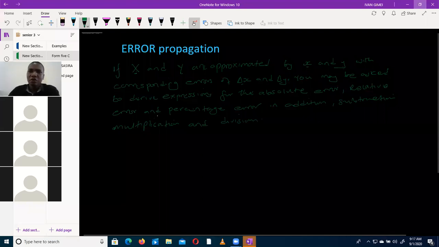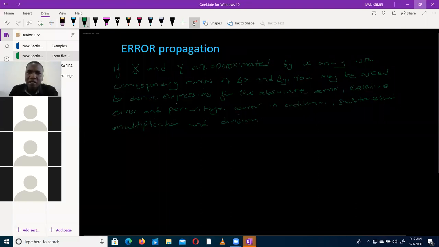Yeah, so this is what we're going to do. In this section of this topic, this is what we're going to look at basically. We're going to derive different formulae for the errors in division, addition, subtraction, and multiplication.